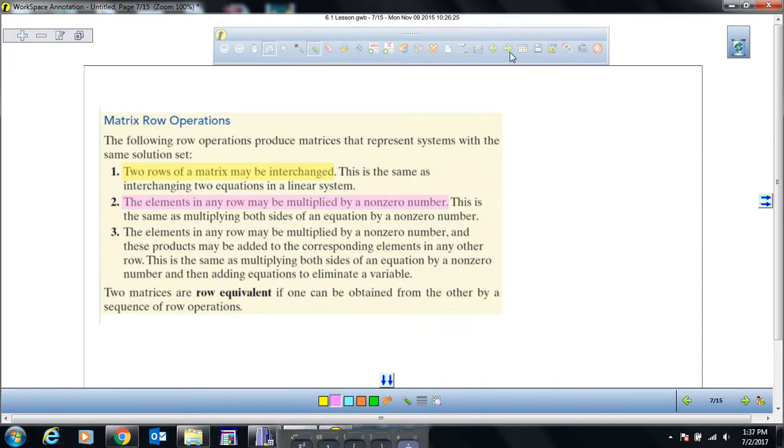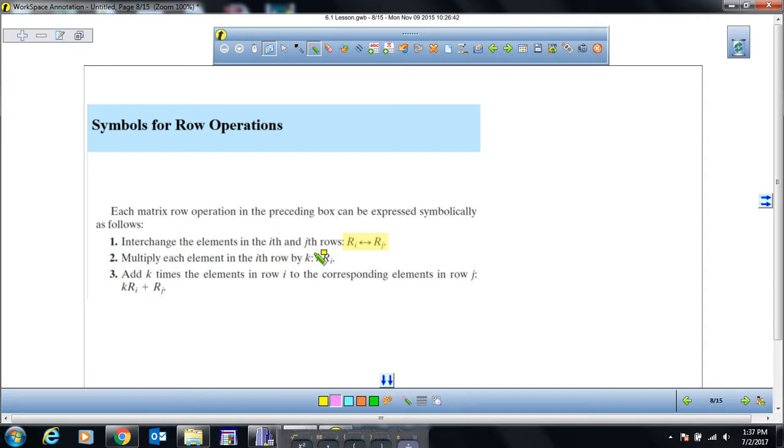So, how do we represent the multiplication? Very simple. If I say that I'm going to multiply each element in whatever row by a number k, it will be k times that row: k Ri, whatever row that ith row is.